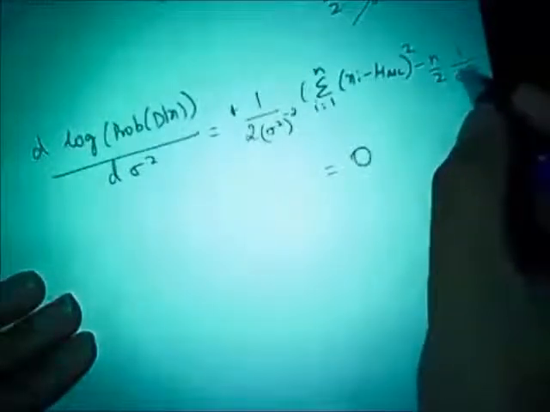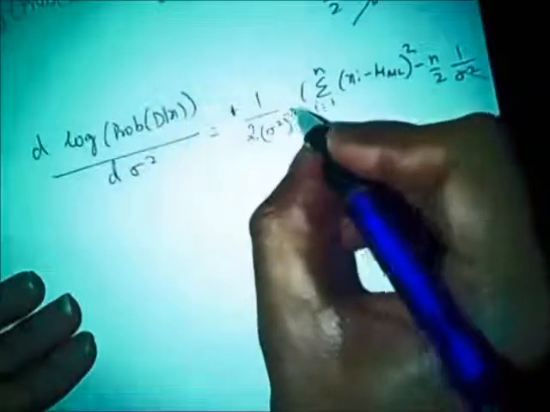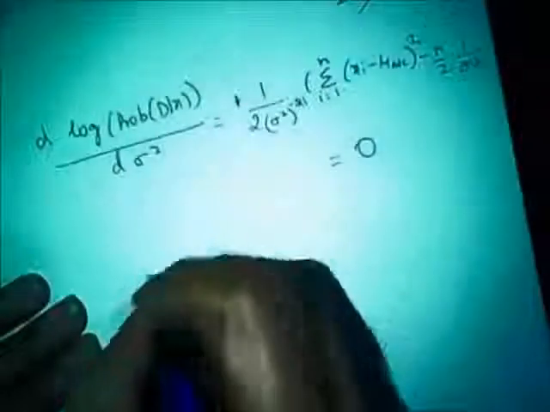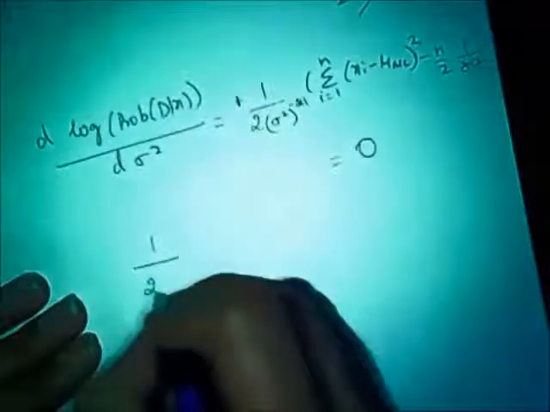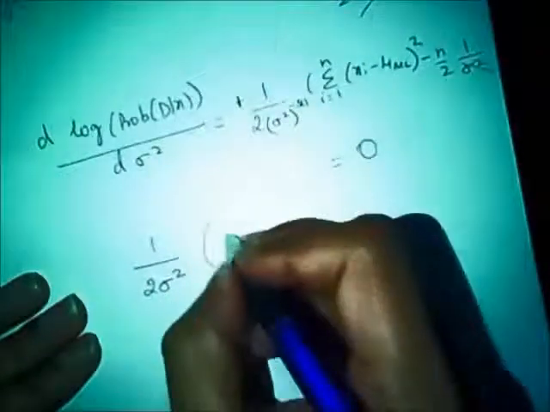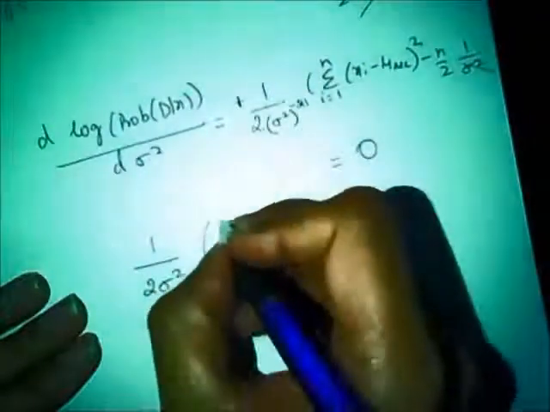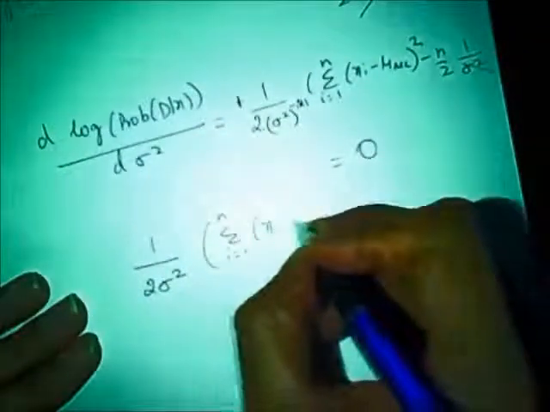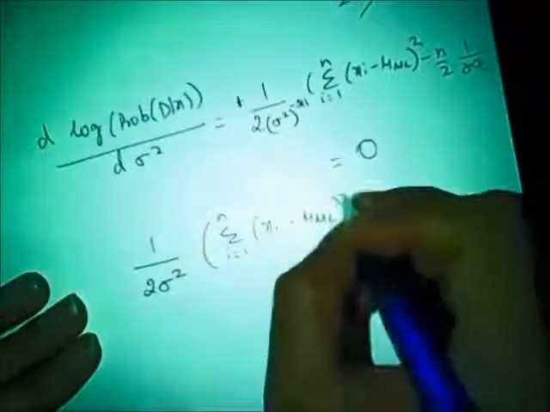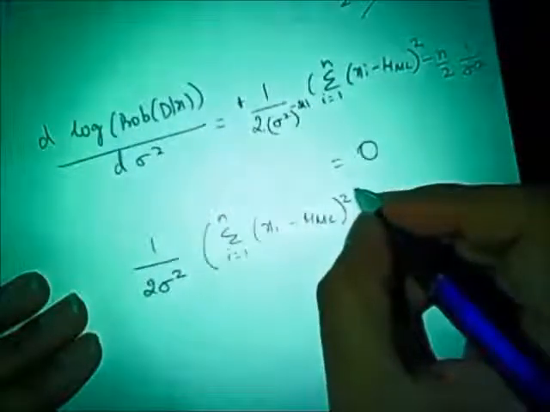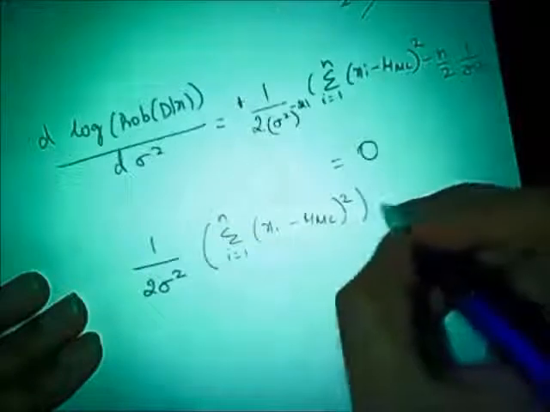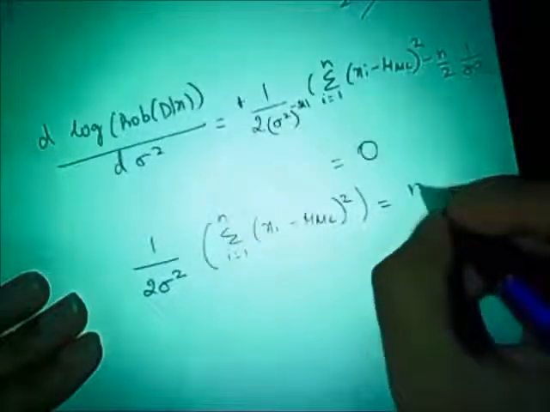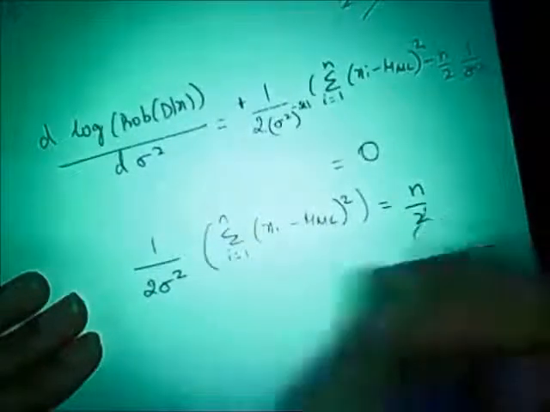So I'm going to cancel 1 over sigma squared, and I'm going to get 1 over 2 sigma squared times this expression equals n over 2.